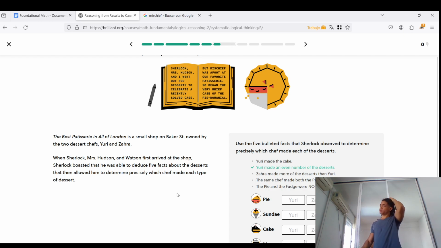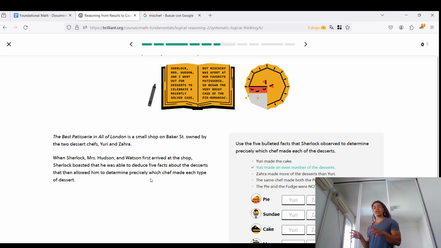Okay. So when Sherlock, Mr. Hudson, and Watson first arrived at the shop, Sherlock boasted that he was able to deduce 5 facts about the dessert that then allow him to determine precisely which chef made each type of dessert.